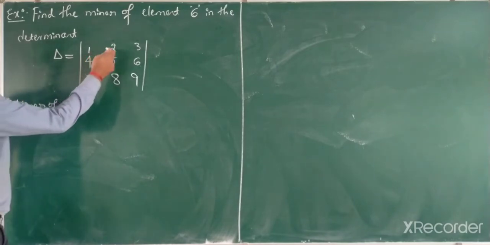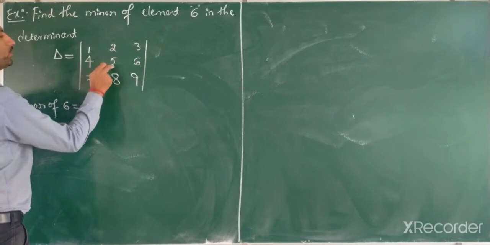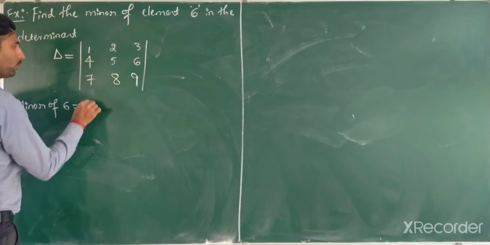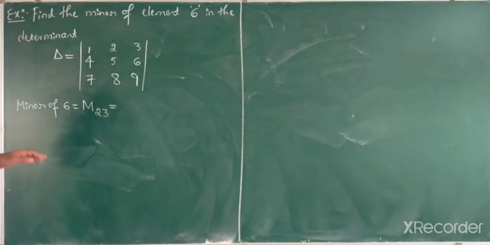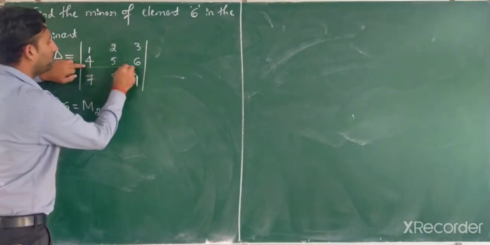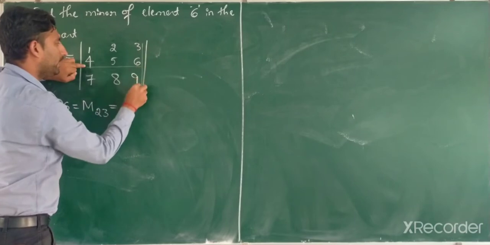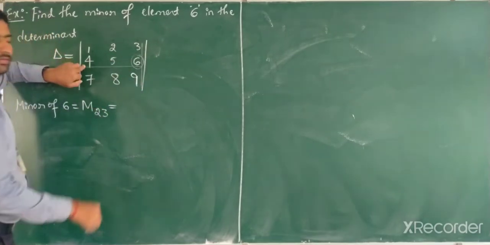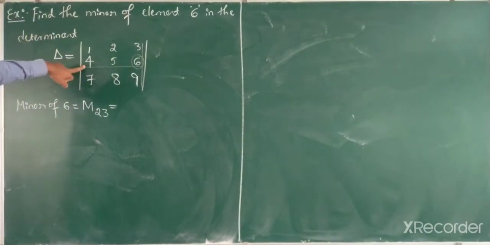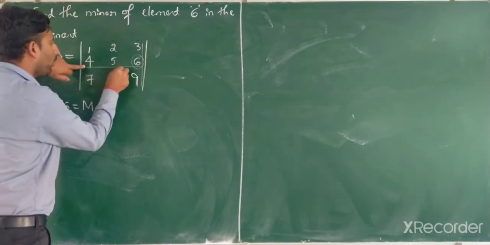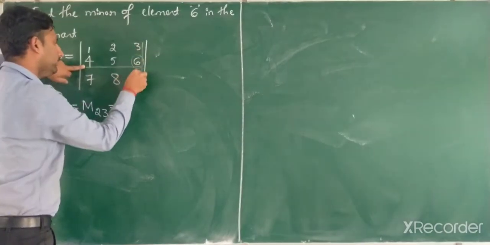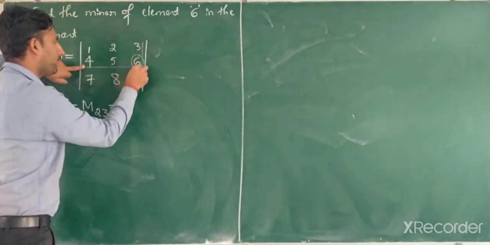Here, A11, A12, A13, A21, A22, A23. Therefore M23 is equal to, we have to delete the row and the column where element 6 lies. Our job is to do that. We have to eliminate this row and this column where the element 6 is present.